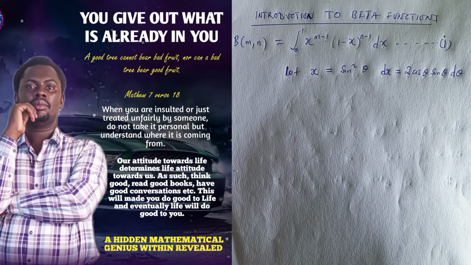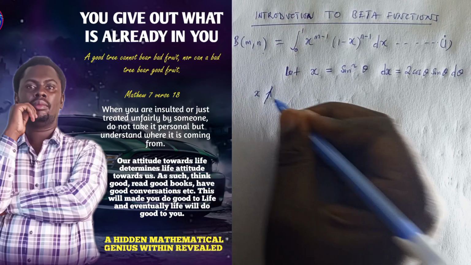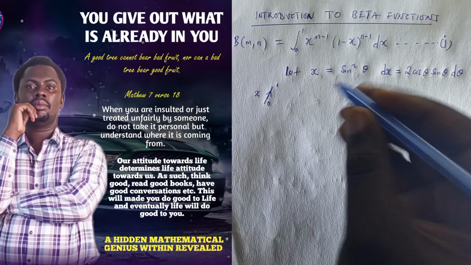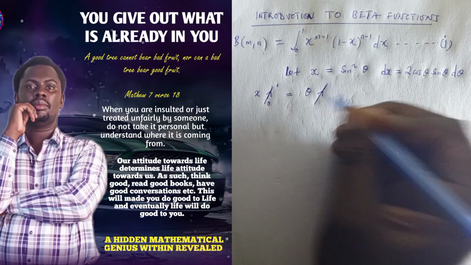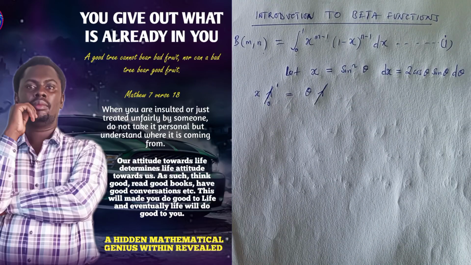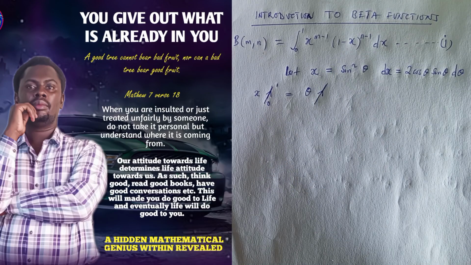Okay, so when you change the variable, the limits must also change. So our initial limits were from 0 to 1. Then we have theta. So what will be the limits for theta? So when you put 0 where there is x, what will be theta? So sine inverse of 0 will be 0.